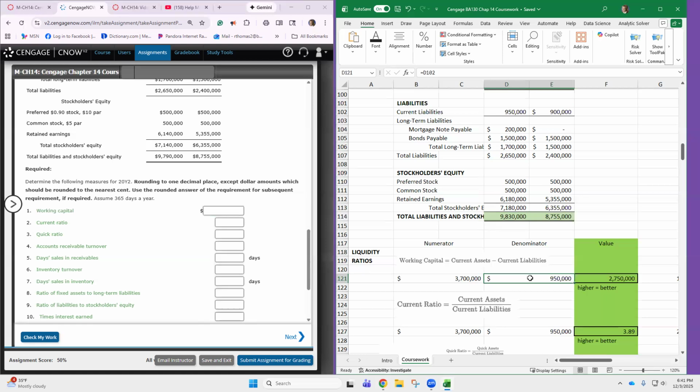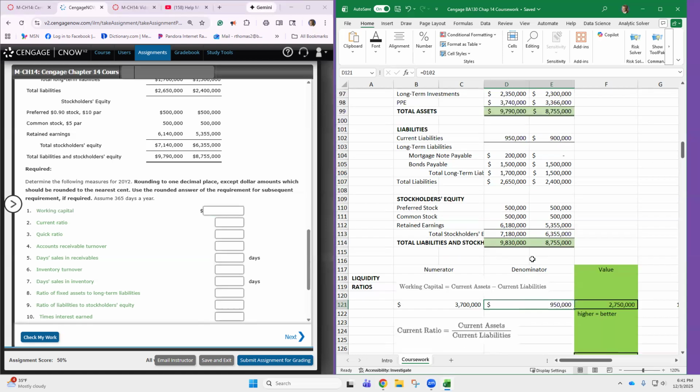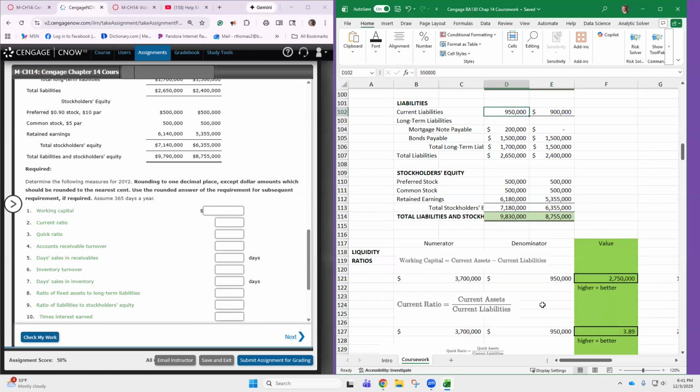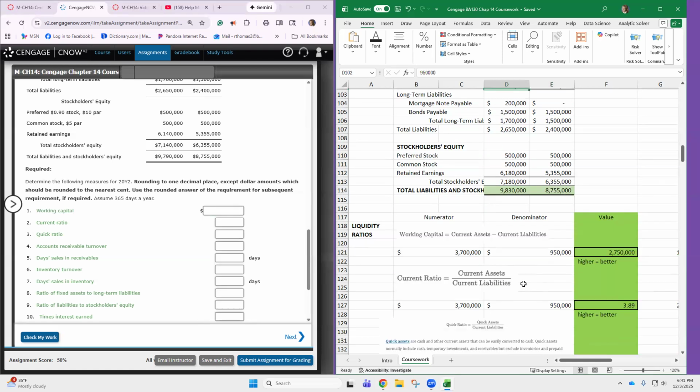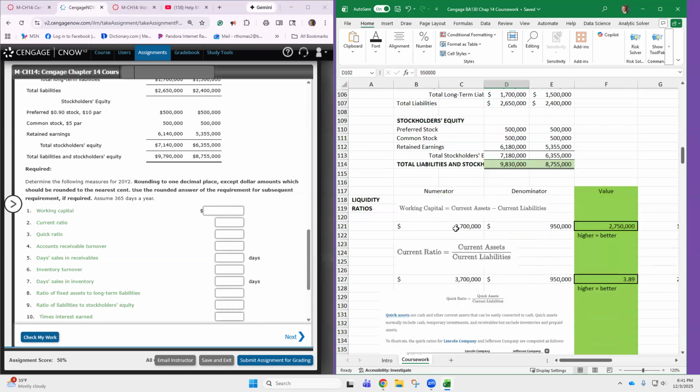And then my current liabilities are 950,000 and we're doing all of this on year 2. Okay, the only reason year 1 is here is if we have to come up with an average. So mine is 3,700,000 minus my current liabilities, and there is my value that I want to put in to evaluate my working capital.